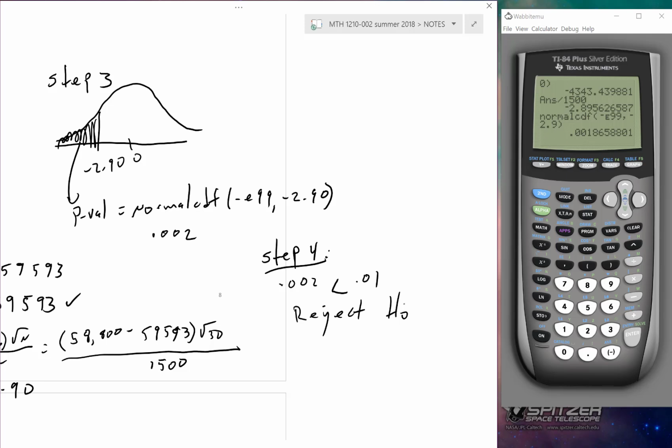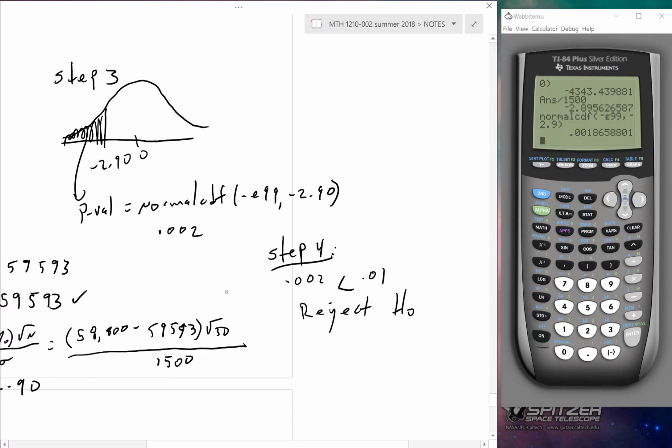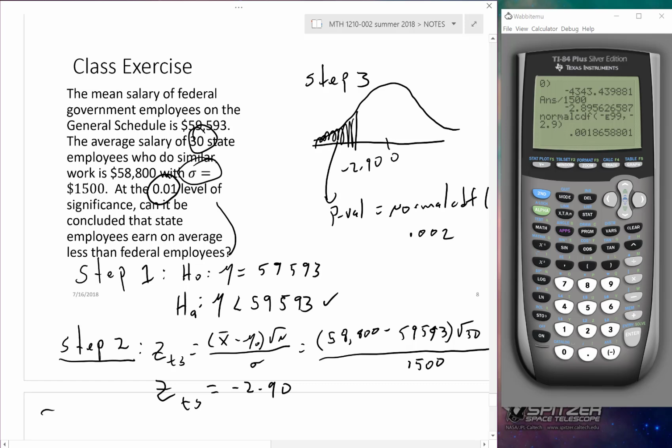So step 5, to summarize our results, since we're rejecting the null hypothesis, we could just come back and say at alpha equals 0.01, the data indicates that the mean salary of state employees is less than $59,593.